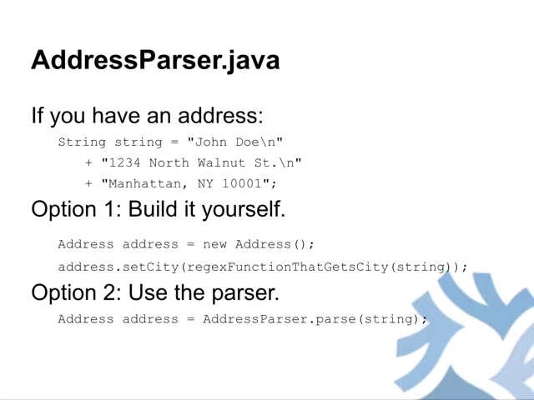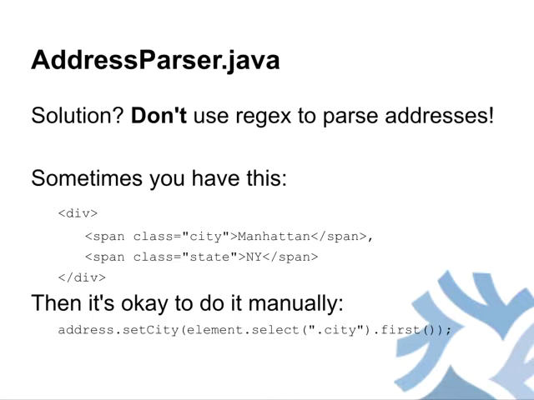The address parser is the result of several years of research in developing receipt parsers. It's very useful and will work in nearly every case. If you find yourself thinking to use regex to parse an address, you should probably be using the address parser.